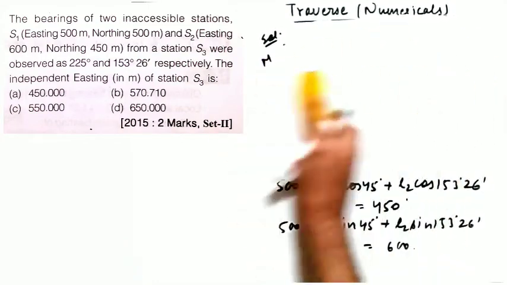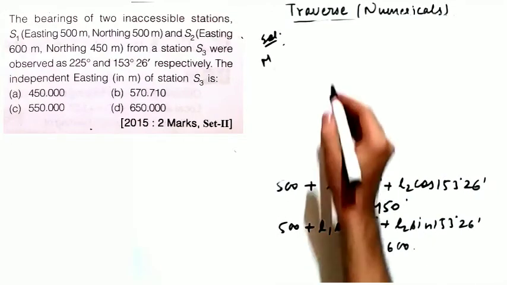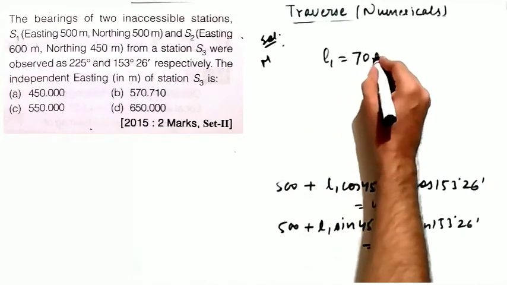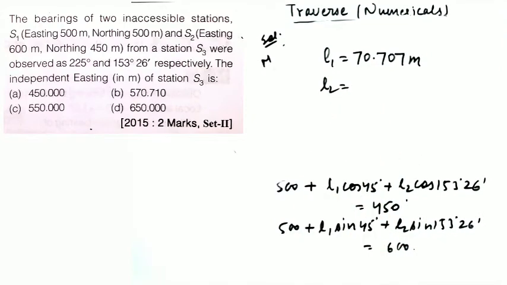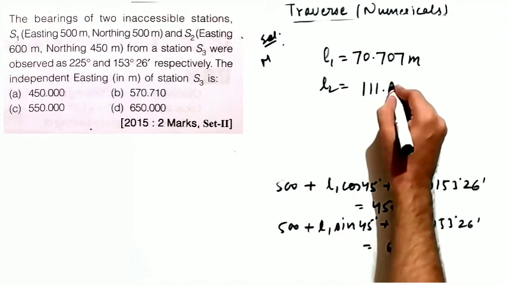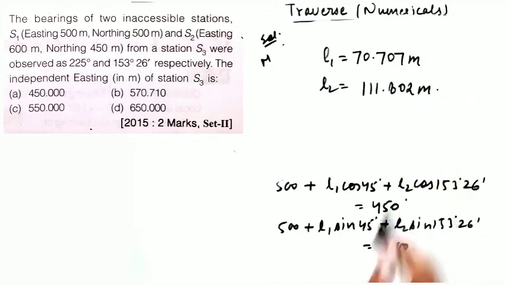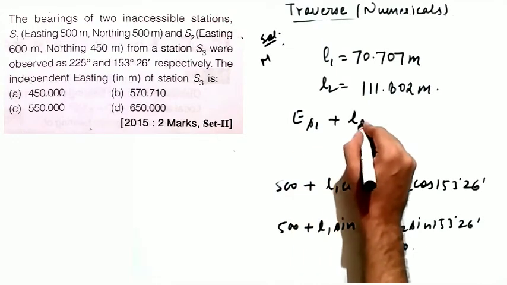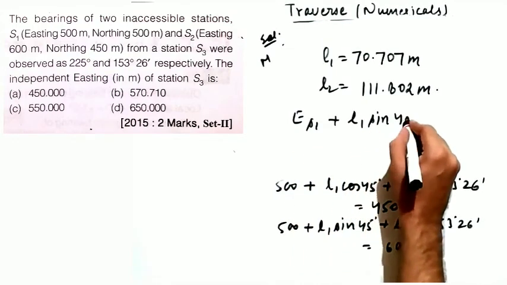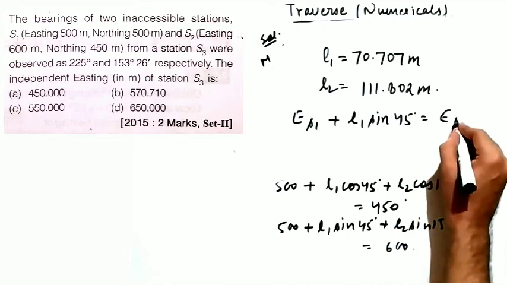L1 is coming out to be 70.707 meters and L2 is coming out to be 111.802 meters. Now to calculate the easting of S3, what do you require? You require the easting of S1 and you need to add L1 sine 45 degree to obtain the easting of S3.